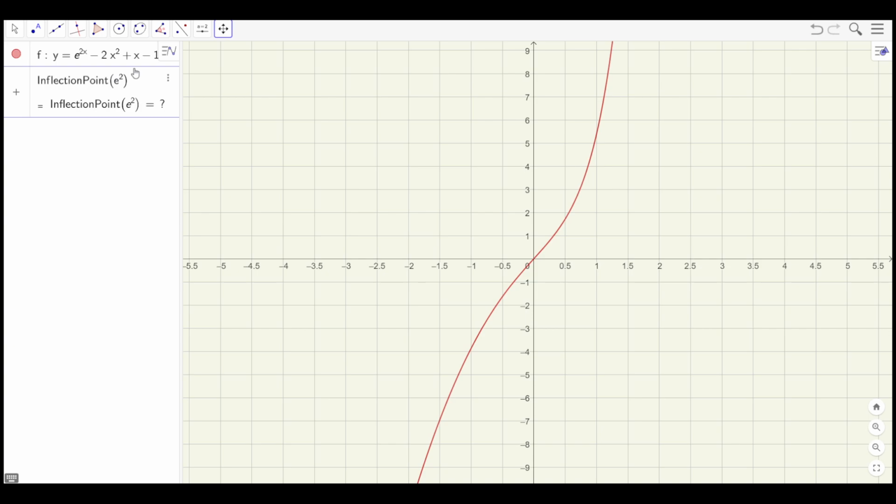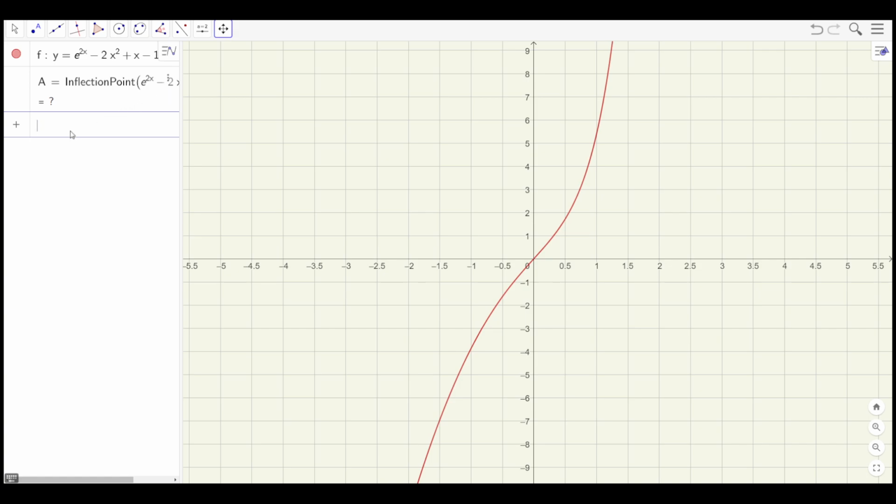E to the power of 2x, and then minus 2x to the power of 2, and then plus x minus 1, am I right? No, it doesn't understand that. And the reason is clear, because according to the syntax, the inflection point command is only for a polynomial, and as we understood, it is not a polynomial.